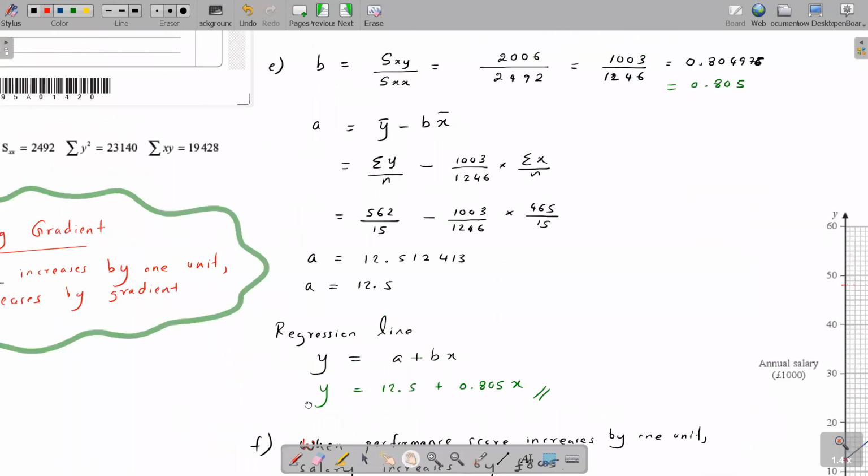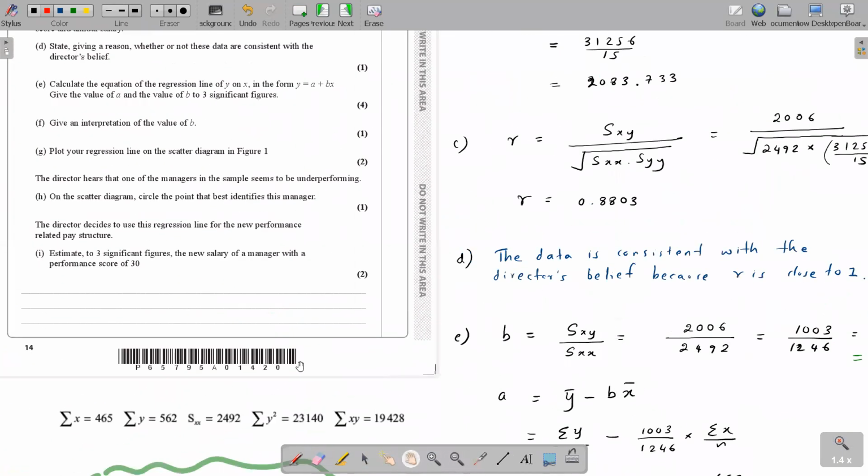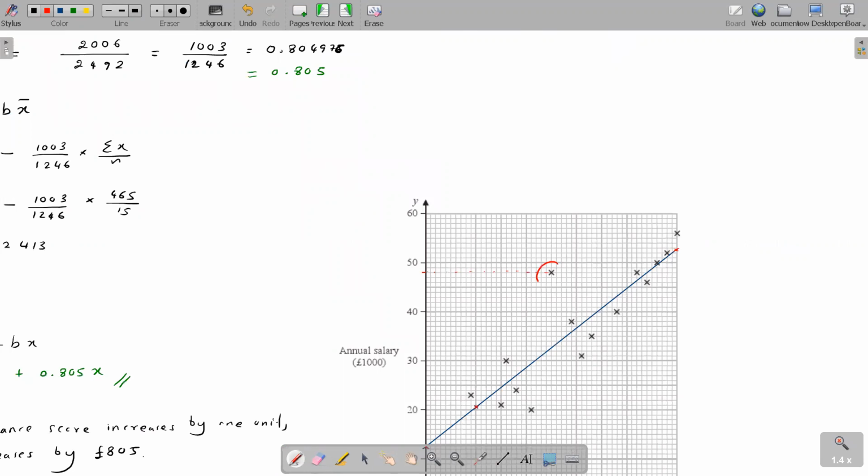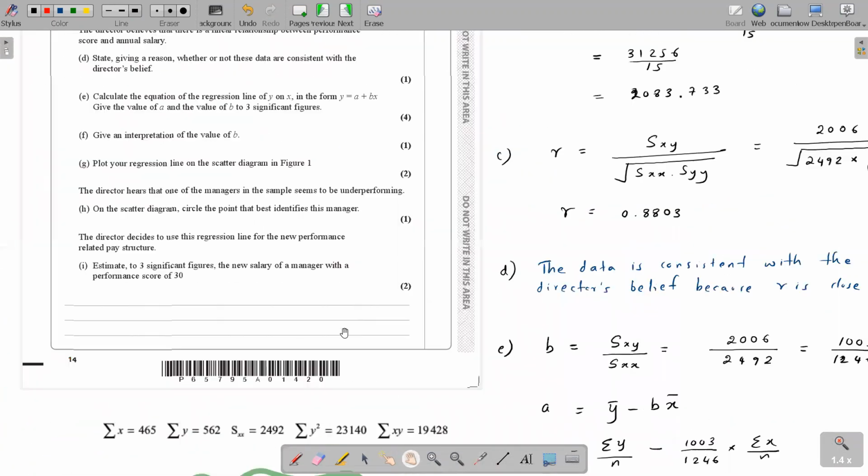What do they want? They want us to circle. On the scatter diagram, circle the point that best identifies this manager. So you have to circle it. Understood? So that point should be circled on your scatter plot. Sorry for moving this all over the place. Okay, next one.